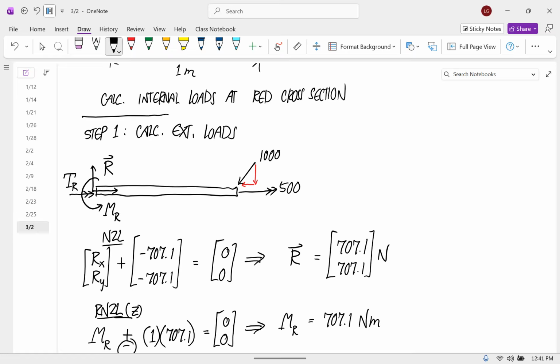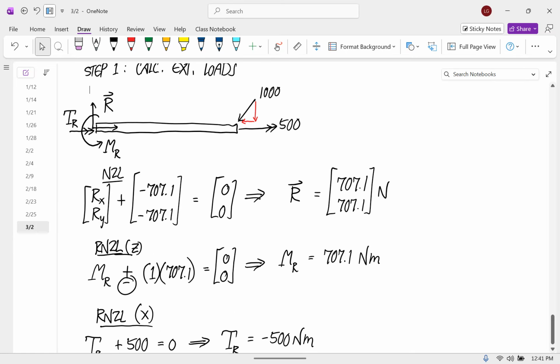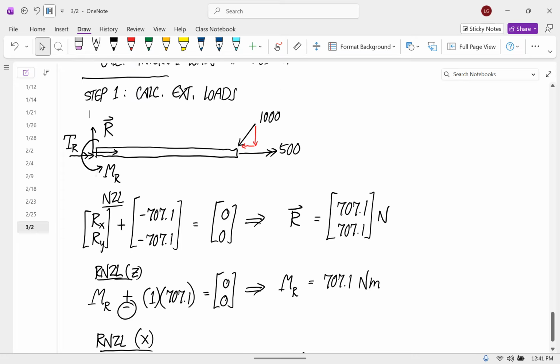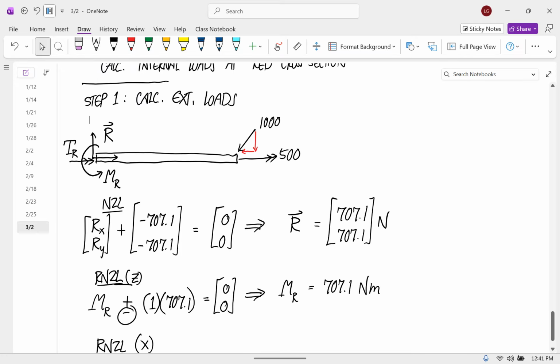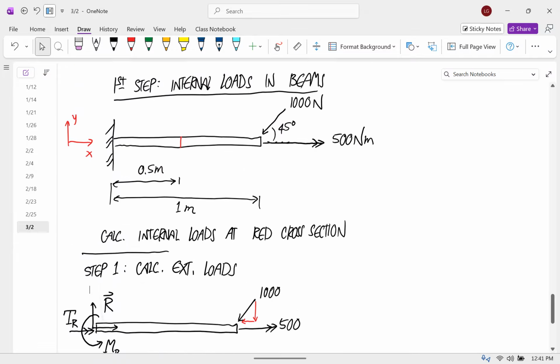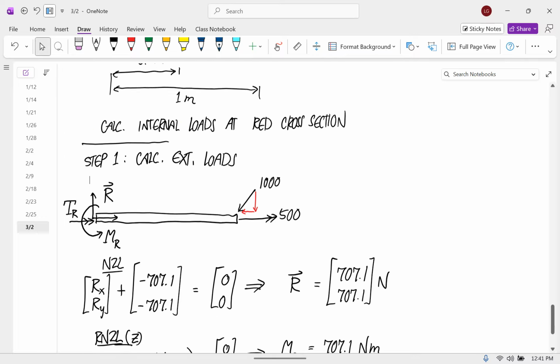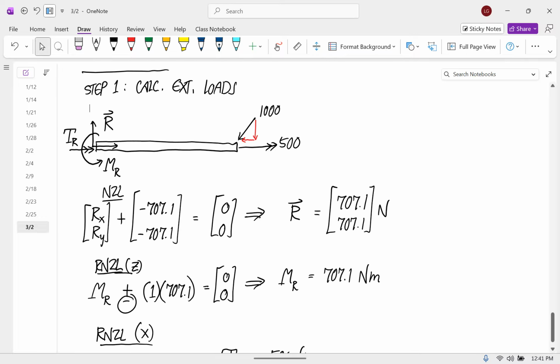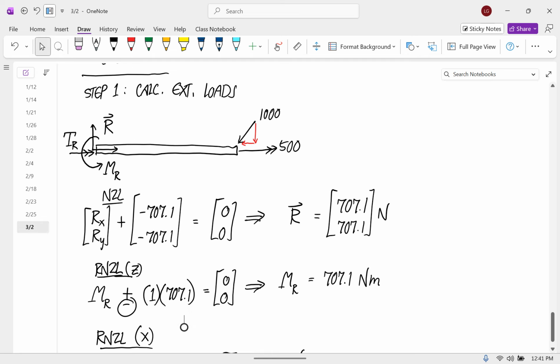And then it's going to be positive or negative based on the rotation it would produce, clockwise or counterclockwise. So the moment arm was 1. The length is 1, and it's happening at the end. And then the vertical component of the force is 707.1, so I multiplied by that. And then we thought, would it make it rotate clockwise or counterclockwise? It was clockwise, so we used the negative.